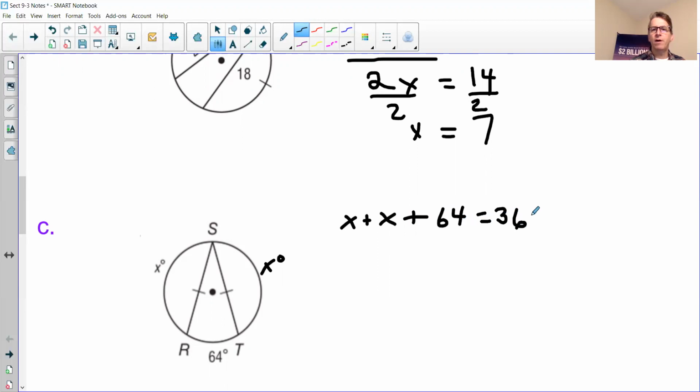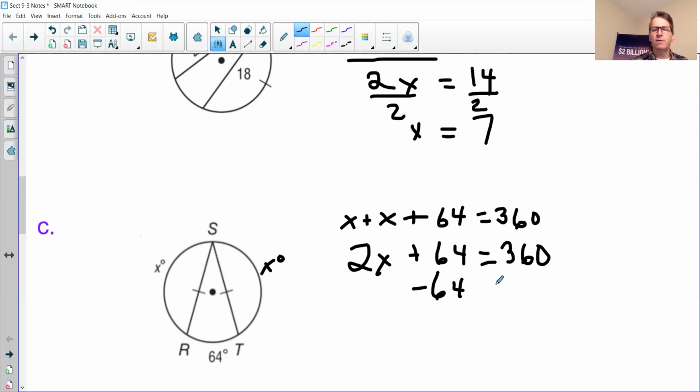So you might have a question like this that gives you those two chords that are congruent, and then solve for the arcs. Now we have 2x plus 64 is equal to 360. If we subtract 64 from both sides, you'd have 296.